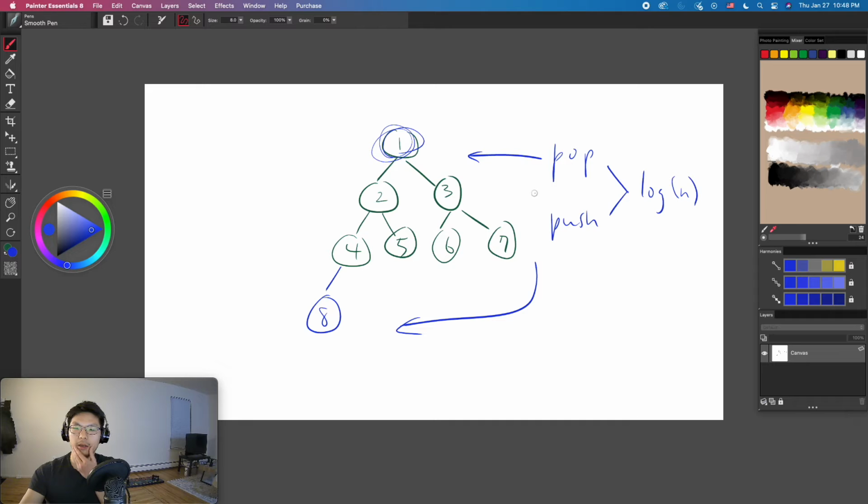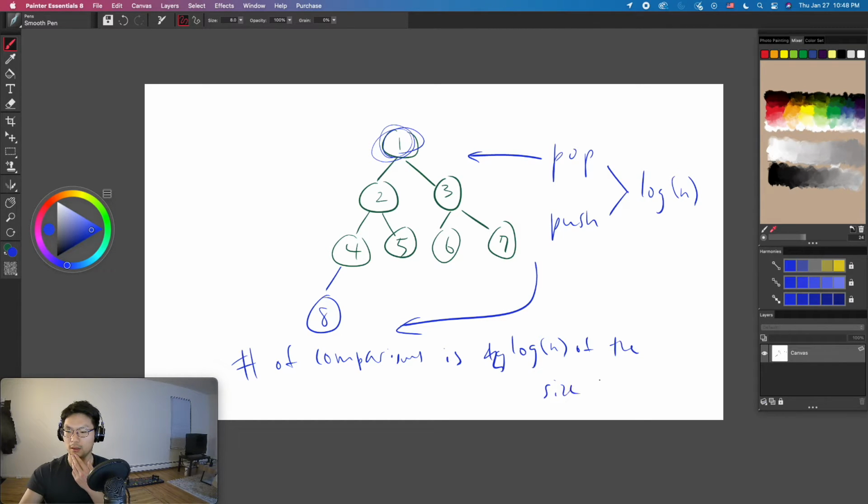Why? If we think about why, it's quite interesting, because the number of comparisons, let's write this down, is going to be the log n of the size of the tree.